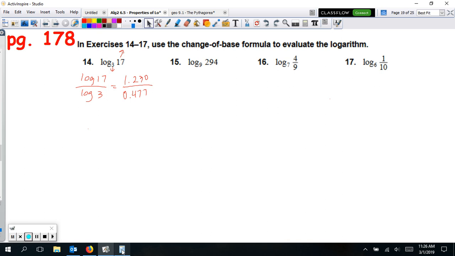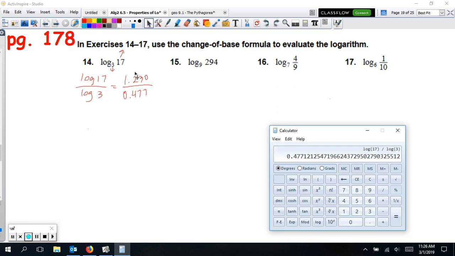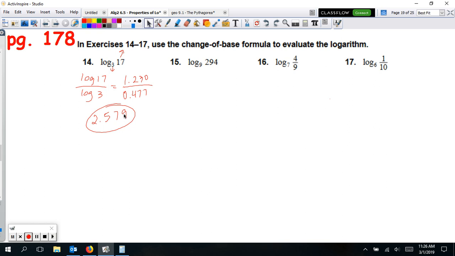So now all I have to do to find out what is this top divided by the bottom, just hit equals. When I hit equals, I already have log 17 over log 3 up here, as you can see. Now I just hit equals, it gives me my number, 2.57. And we always want to go to like 3 decimal places, so we're going to round this one up to 2.579. And there it is, so 2.579.